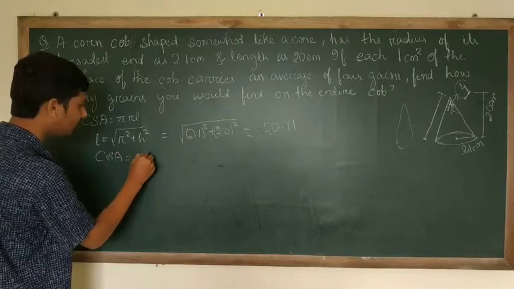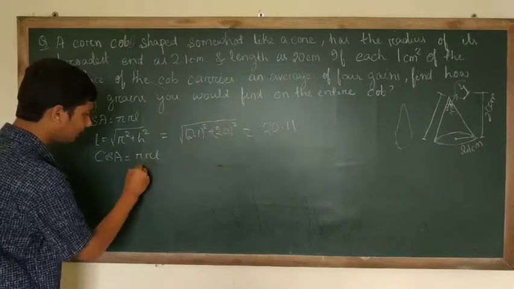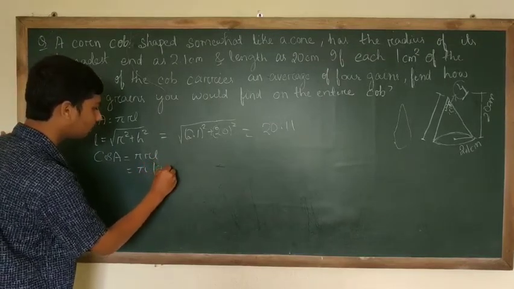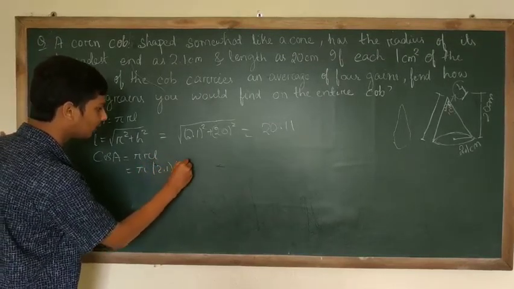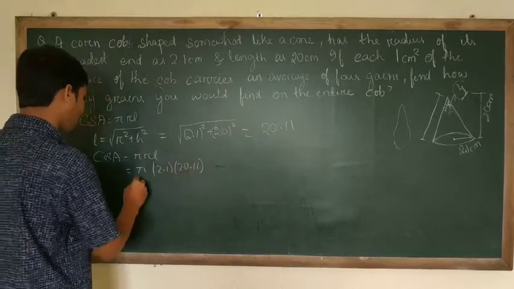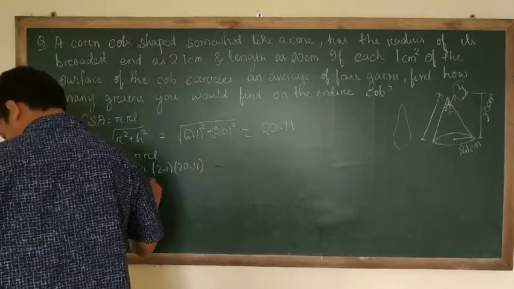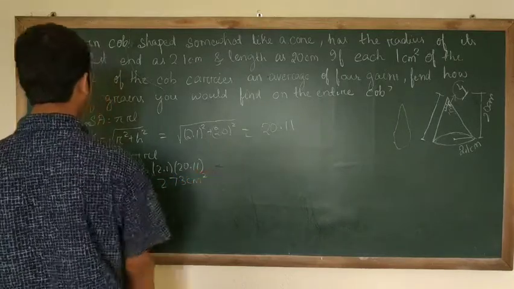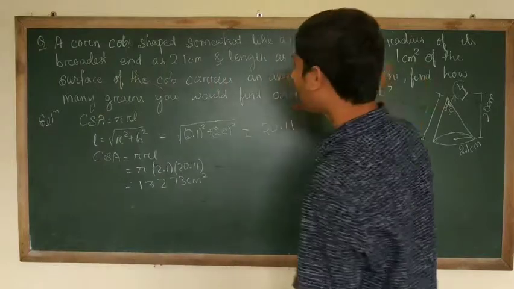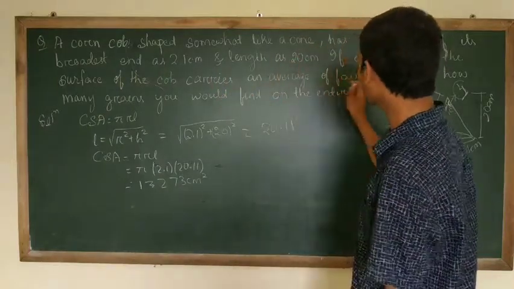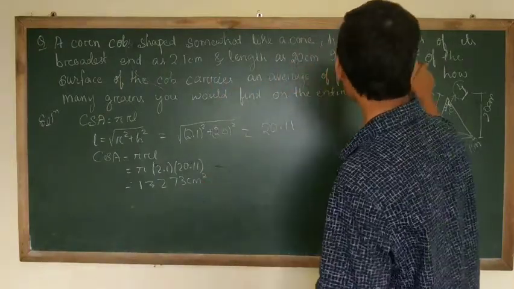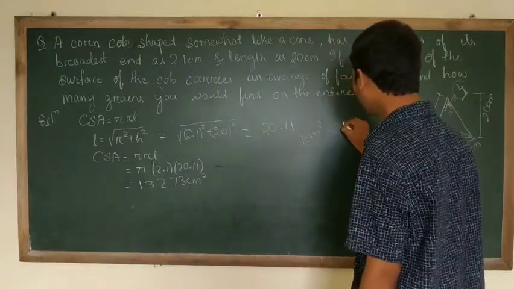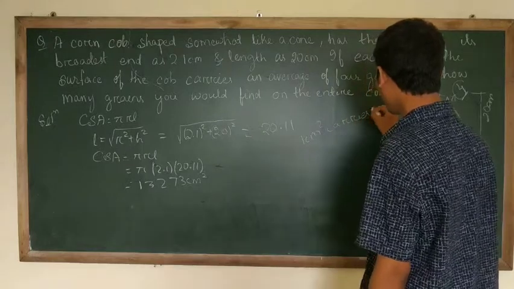Now CSA can be easily found. CSA is equal to pi r l. Putting in the values, pi into r, which is 2.1, and l, which is 20.11, you get 132.73 cm square. After this we have to find the total number of grains. 1 cm square carries averagely 4 grains.